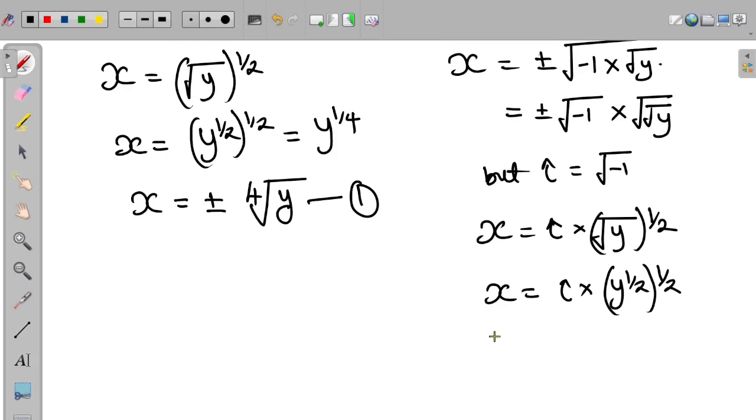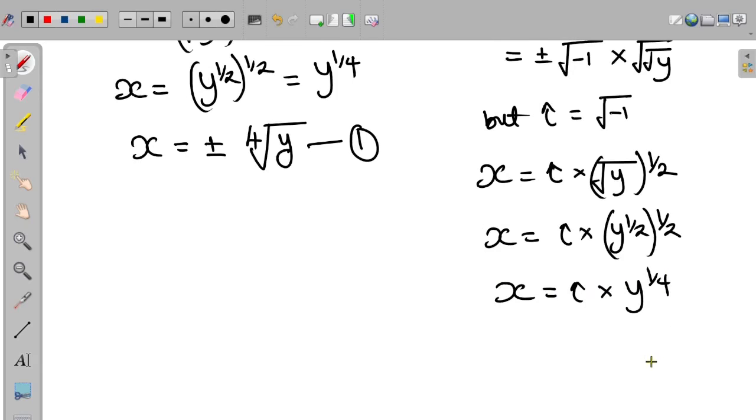So we have it that x is equal to i multiplied by y raised to the power of 1 divided by 4. And this can further be simplified as x is equal to i multiplied by 4th root of y. Let's call here equation 2.